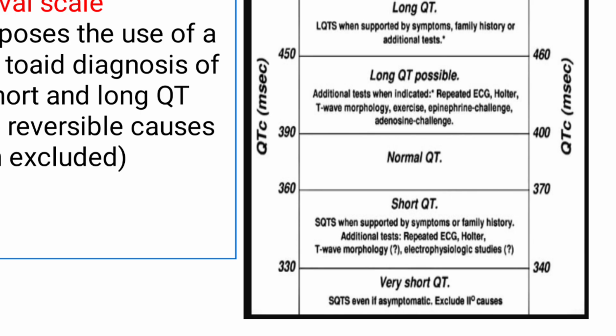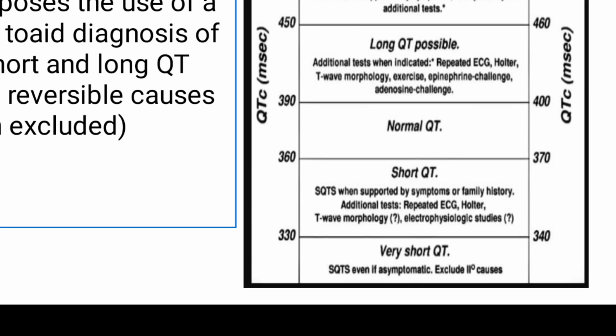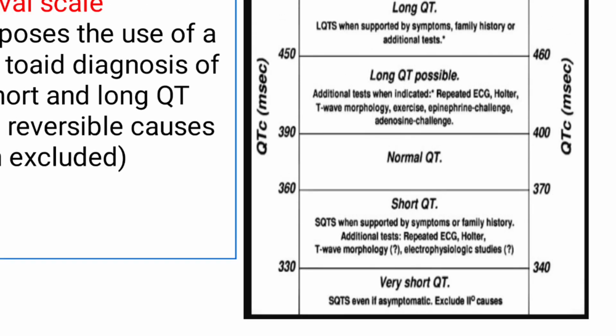The normal QTc is 390 in males and 400 in females. If it is less than 360 in males, or less than 370 in females, it is a short QT.